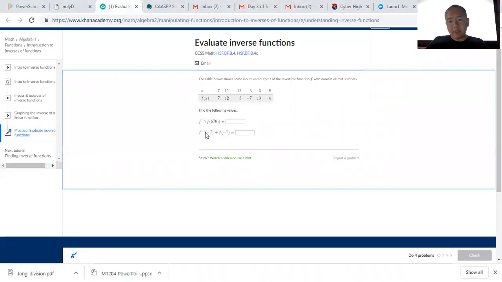So let's do the second one. The f of -1, the -7 right here is the y value. So the y value here is -7, and the inverse of that is 6. So this portion is 6. Now you have the f of -7. The -7 is the x value, and so the f of -7 is the y value.